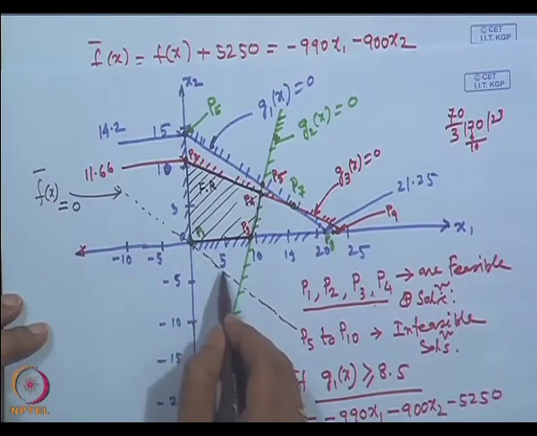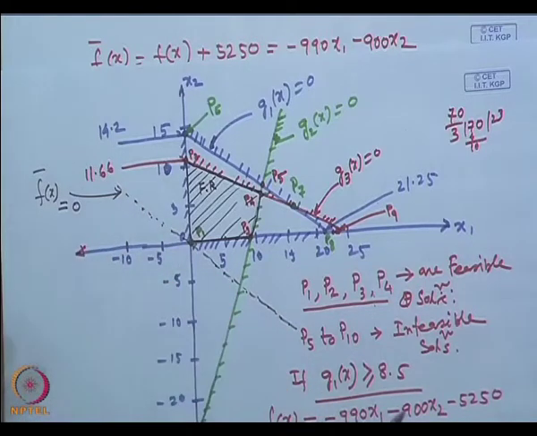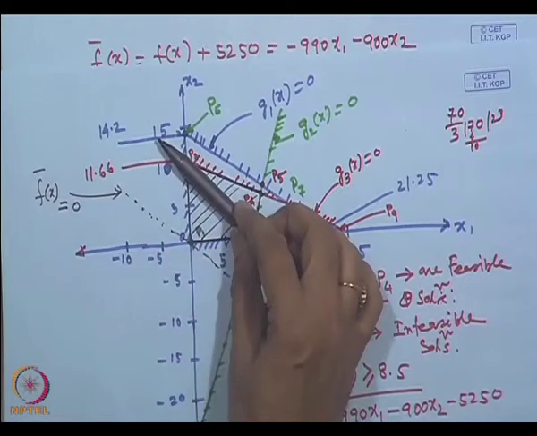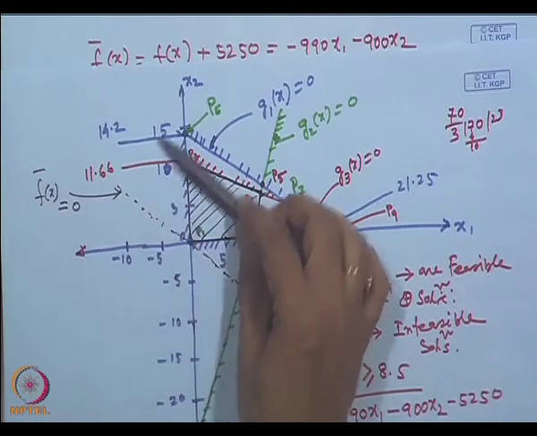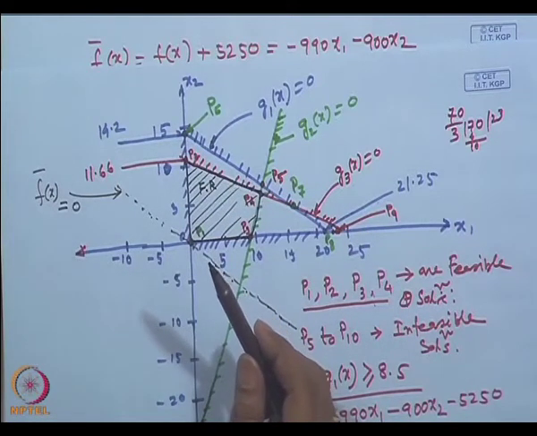Any point on this line has new objective function value 0. If you move this new objective function line up parallel to f bar equal to 0, up and down, the objective function value will decrease and increase.